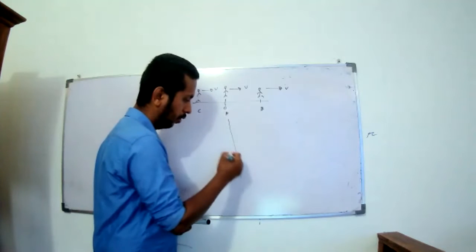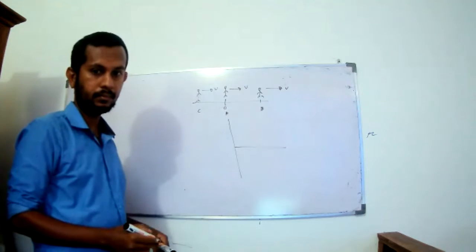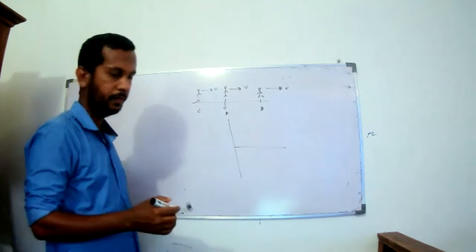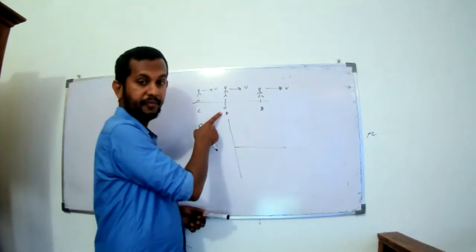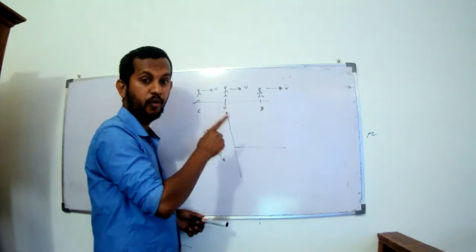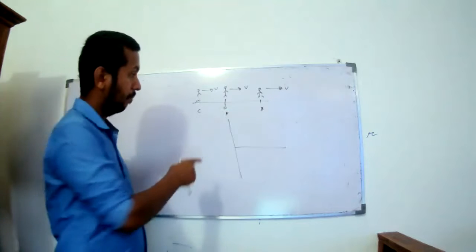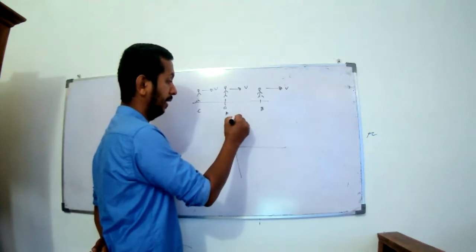So I am going to draw one graph now. First, I am going to draw the graph belonging to the first case. Person moving with uniform velocity. But I am going to draw a velocity time graph. Sorry, displacement time graph.